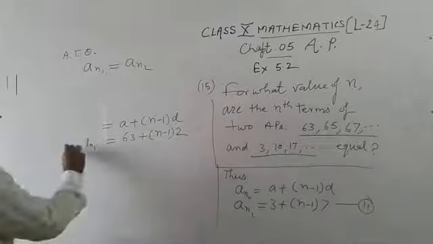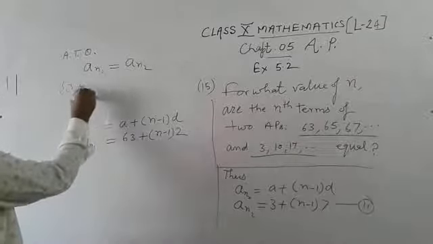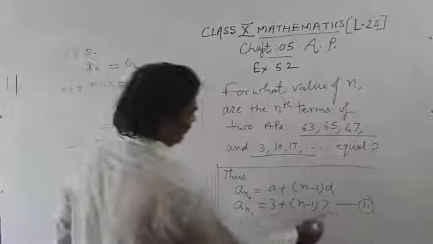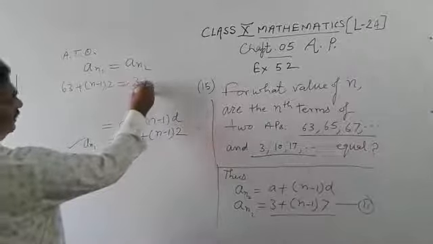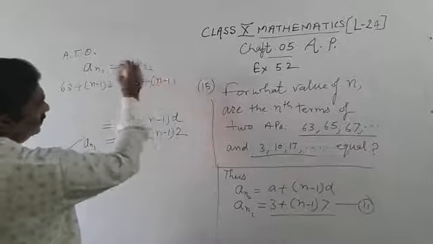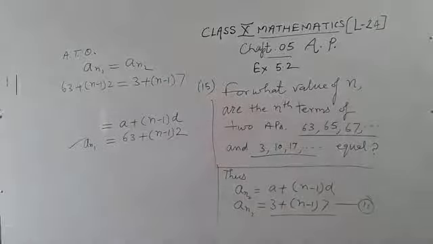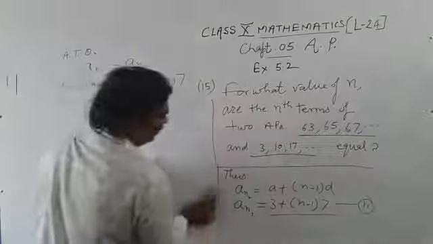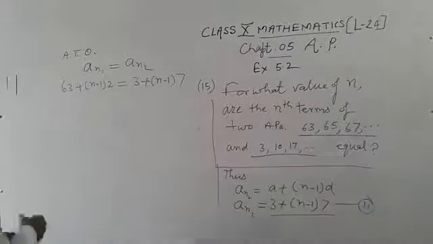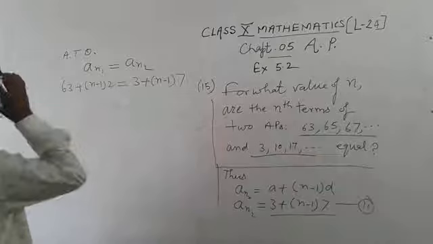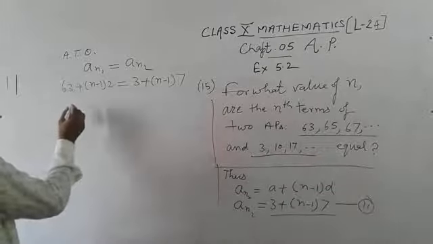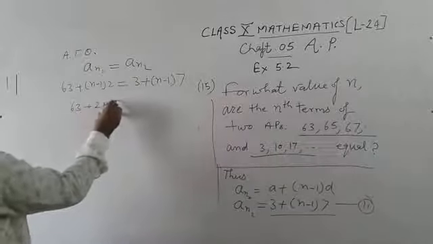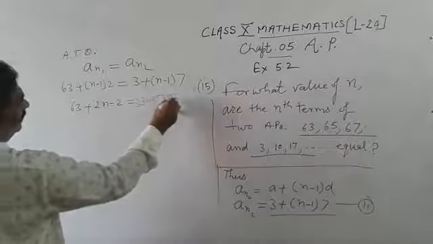So here we have 63 plus n minus 1 into 2 is equal to 3 plus n minus 1 into 7. Now we have to find the value of n from this relation. So now we can write 63 plus 2n minus 2 is equal to 3 plus 7n minus 7.